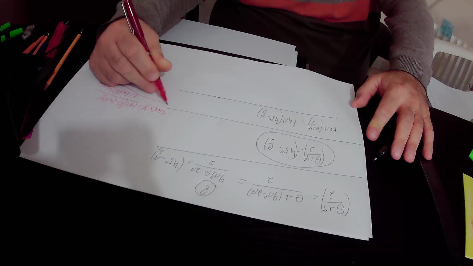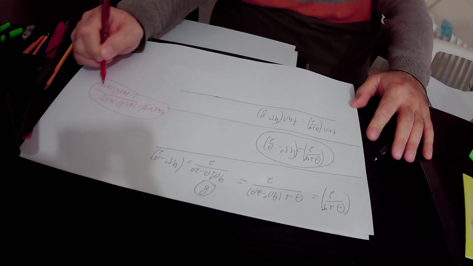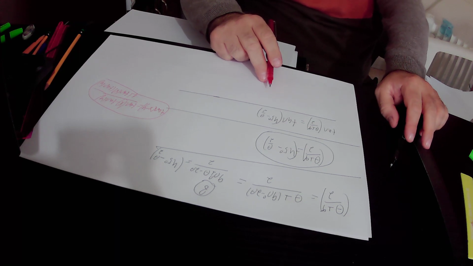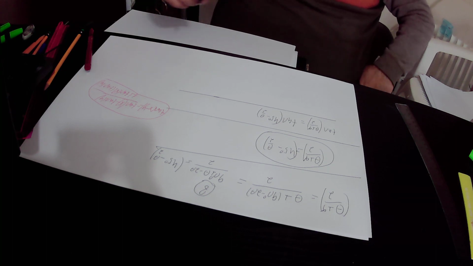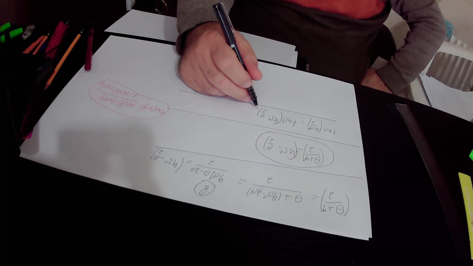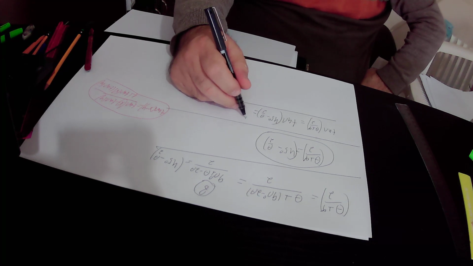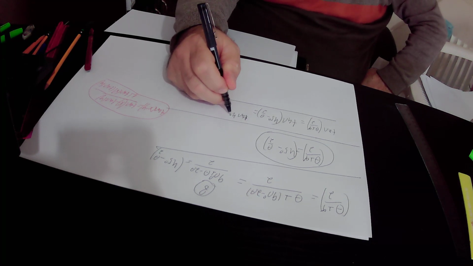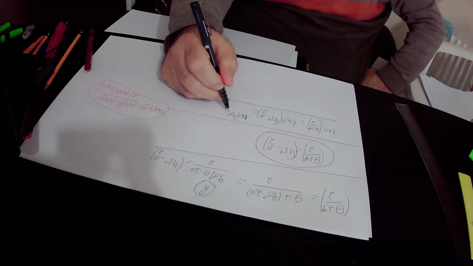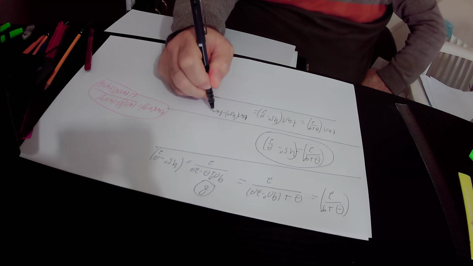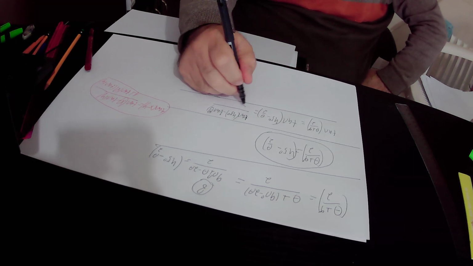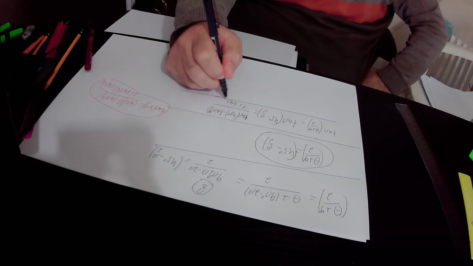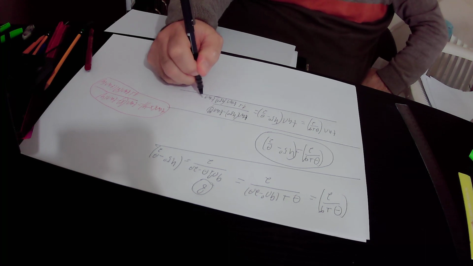So we will use this trigonometric identity in order to find out the value of tangent 45 degrees minus theta over 2. The value of tangent 45 degrees minus theta over 2 according to this trigonometric identity will be equal to tangent 45 degrees minus tangent theta over 2 over 1 plus tangent 45 degrees times tangent theta over 2.